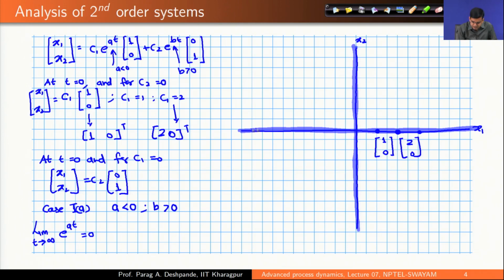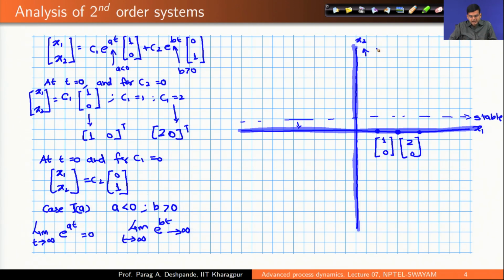Therefore, this vector which is along this axis, which I am representing by this, will be the solution as time t tends to infinity. So, this is going to be a stable line, whereas limit t tends to infinity e to the power b t will tend to infinity. That means my system is going to diverge along this curve.